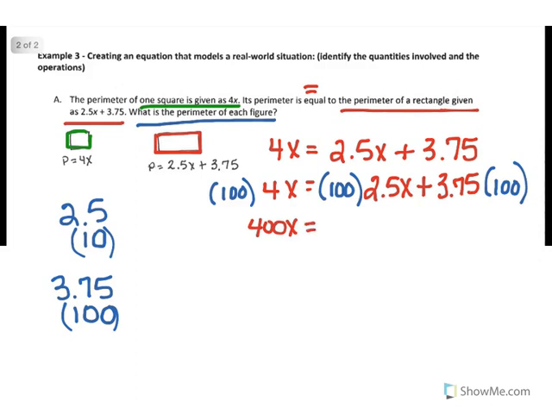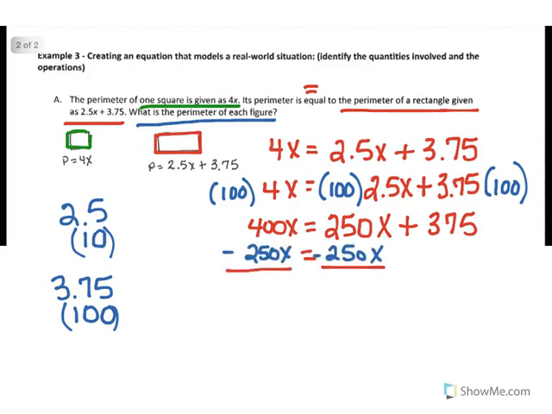Then I have 2.5 times 100, which would get me 250 times x, plus, when I multiply the 3.75 times 100, I get 375. Now, I'm going to move my 250x over to the left because on the left I only have the 400x.